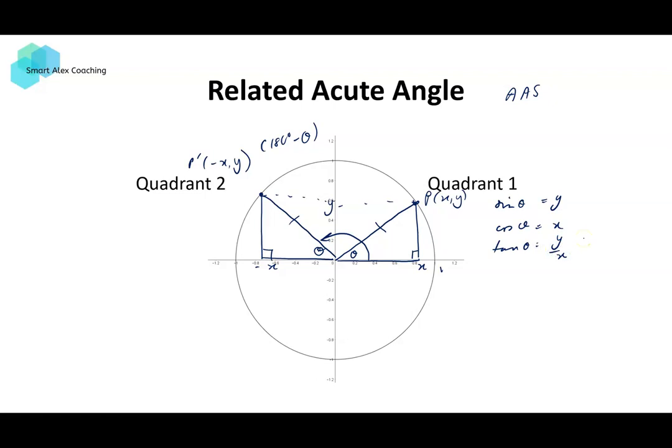In quadrant 2, at P dash, I'm going to have sine 180 degrees minus theta is equal to y, which is equal to sine theta. Cos 180 degrees minus theta is going to be equal to minus x, which is the same as minus cos theta, and tan 180 degrees minus theta, which is minus y on x, will be the same as minus tan theta. So what I've got here is the relationship between sine, cos, and tan of an obtuse angle with sine, cos, and tan of an acute angle.